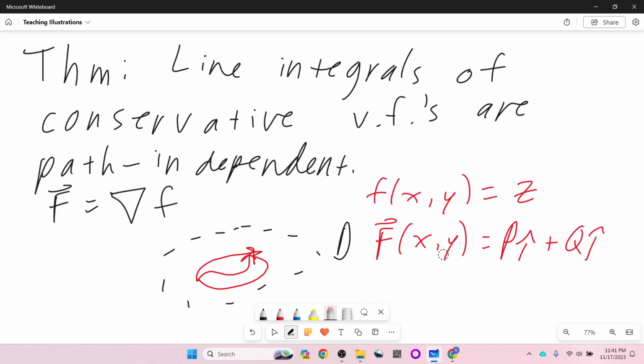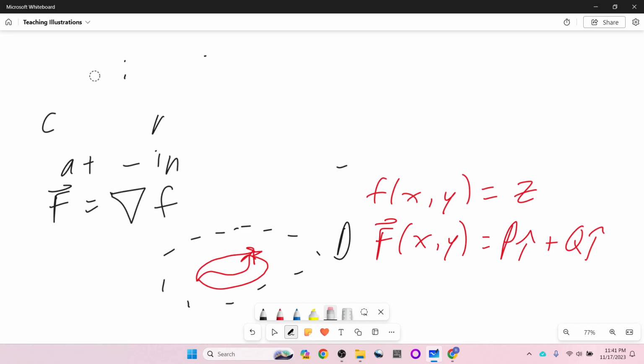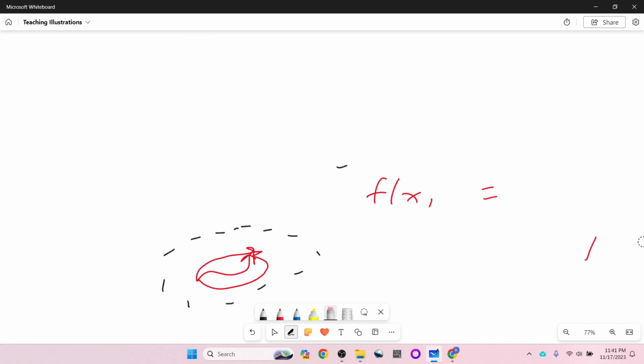But if we can break it down like this, then we know that the path doesn't matter. We'll try to give an idea of why that is as we go.